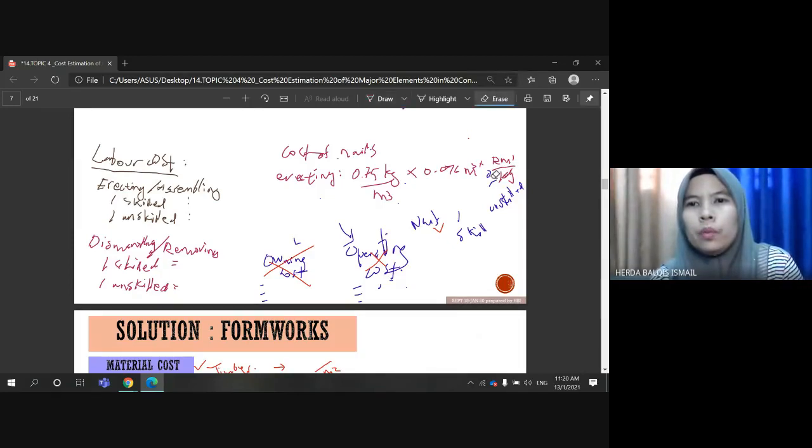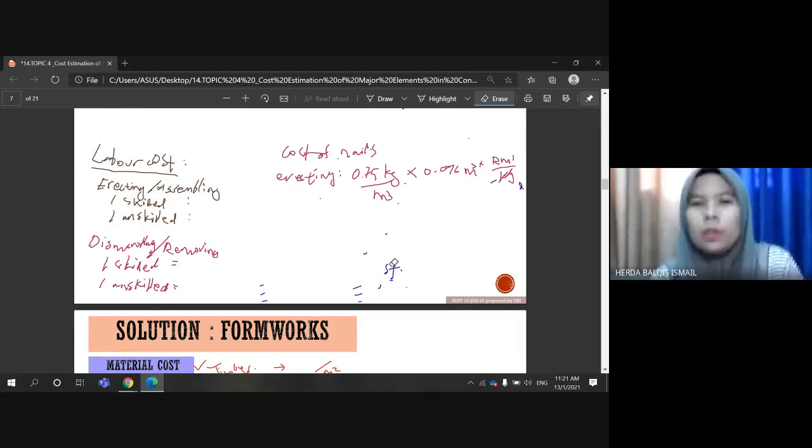So this is for the erecting, and it's the same for dismantling because in this table of constants, you can see that the constant is the same.